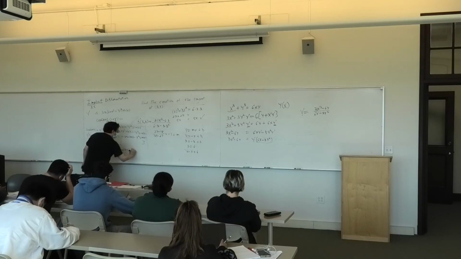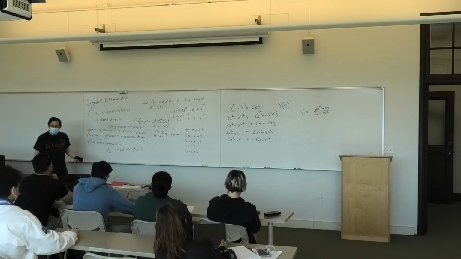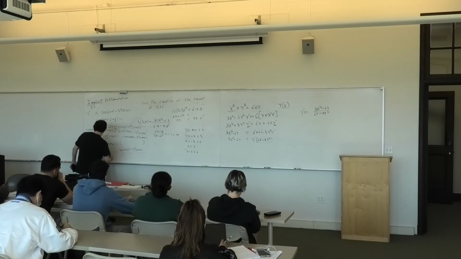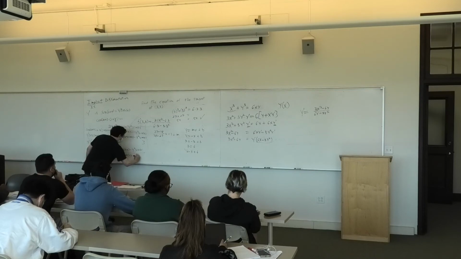Gosh, this is ugly and scary. It's just, once you know how to do the strategy, the technique, it's just algebra. Cosine of x plus y minus 2y cosine of x.